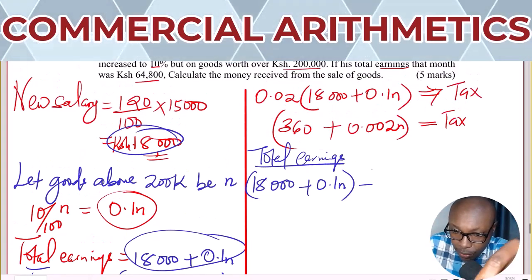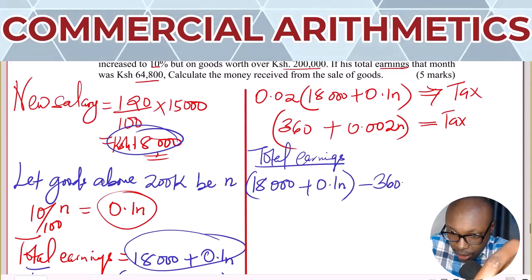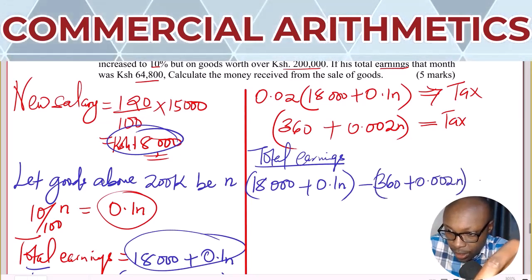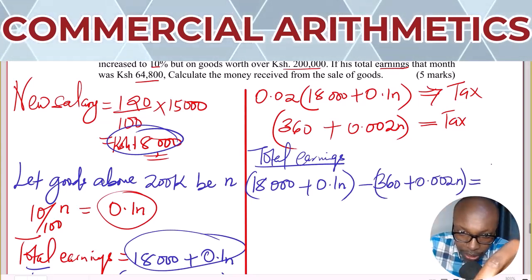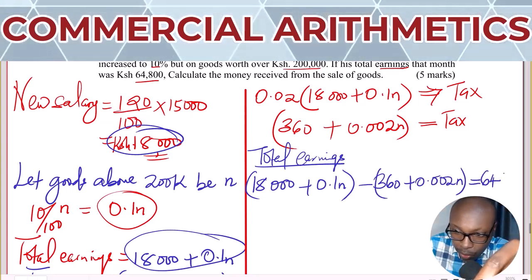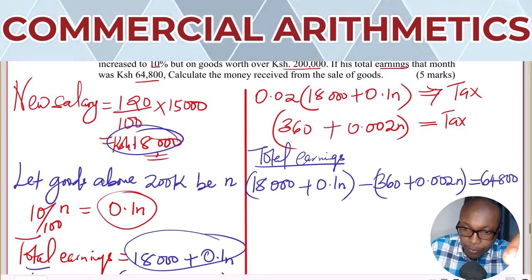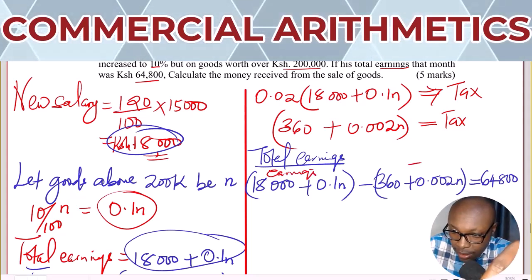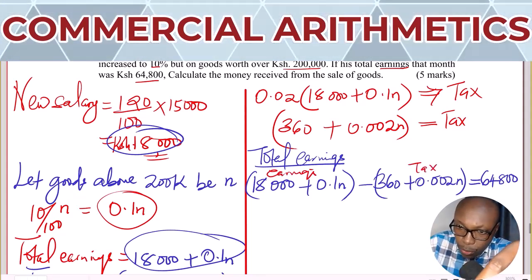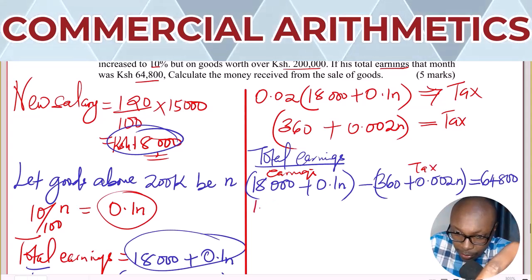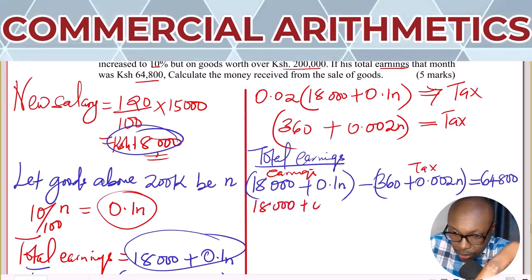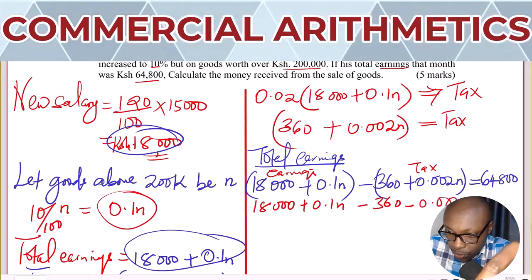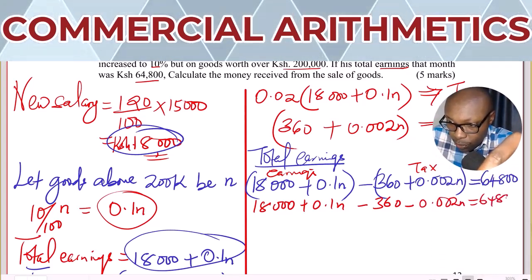We got the tax as 360 plus 0.002N. That is what is going to give us this figure, 64,800. So now we can remove the brackets and simplify. So this will be 18,000 plus 0.1N, subtract 360, subtract 0.002N is equal to 64,800.